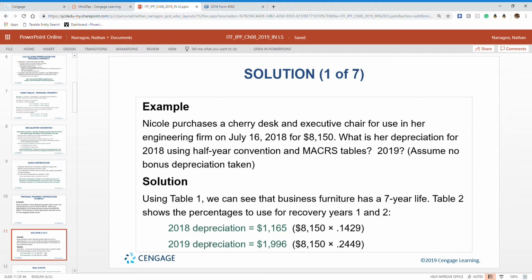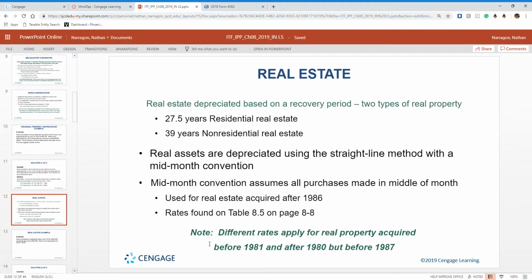Okay. Now this brings in real estate. Real estate, yes. So the 27.5 and 39 years, which I said we're going to get into. 27.5 is used for residential, while 39 is used for non-residential, so commercial property. So we have to watch out which one we use.